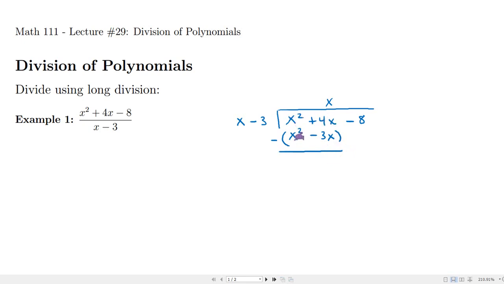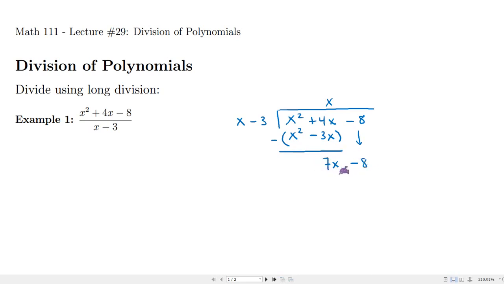So x squared minus x squared, those are going to cancel. That'll give us 0x squared, but then 4x minus 3x, so that'll be a plus 3x. So this will give us a 7x. And just like long division, you bring the next successive term down, and we start all over.